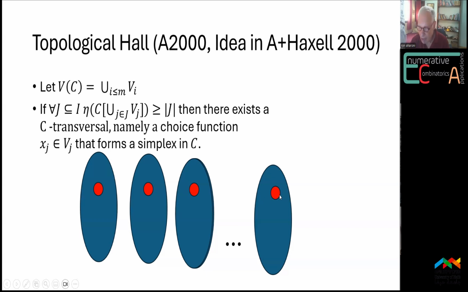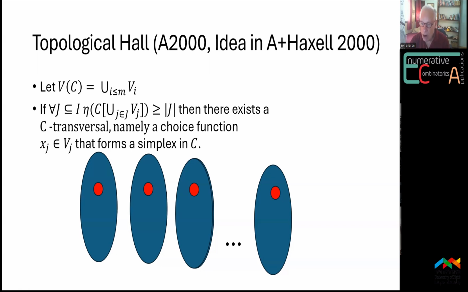So there is a complex, not explicit here, and you want your choice of representatives to belong to the complex. This allows a much more general setting than Hall's theorem, the original Hall's theorem.